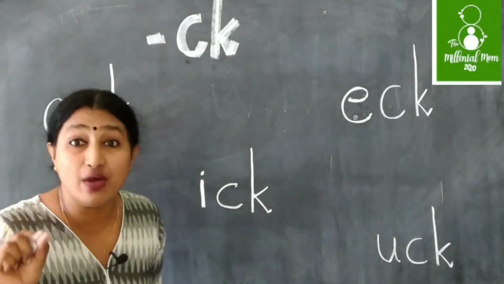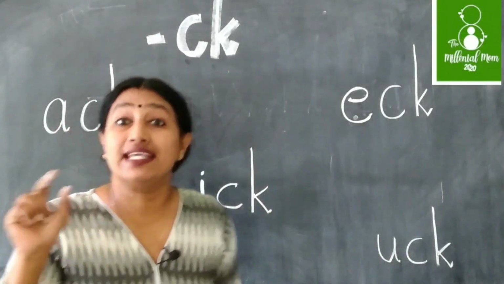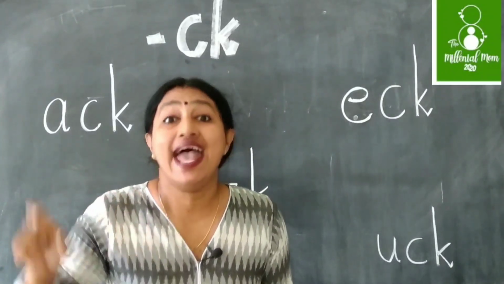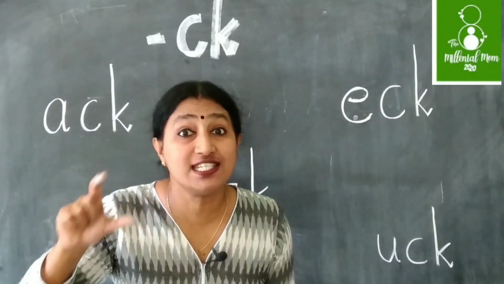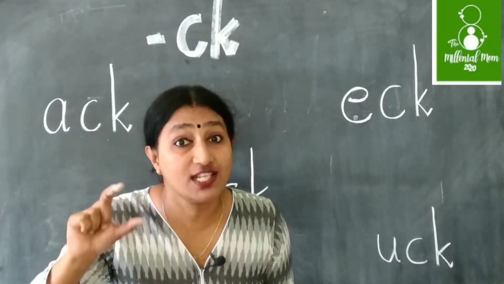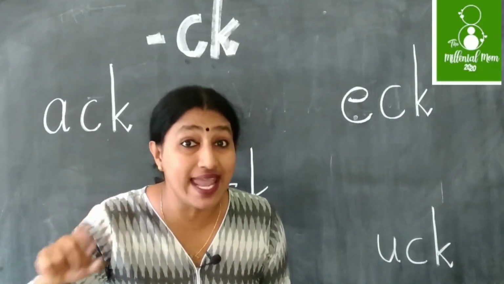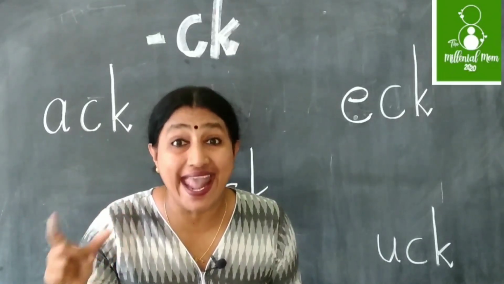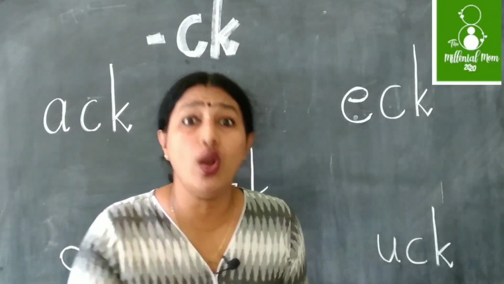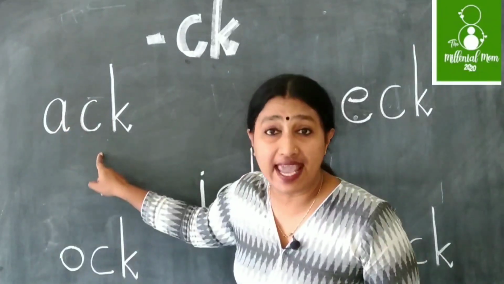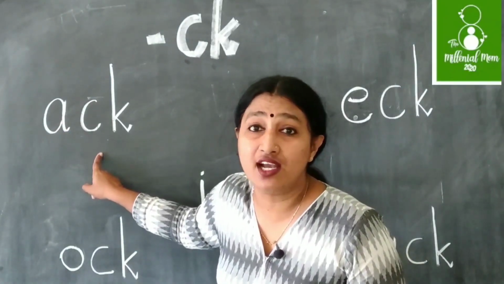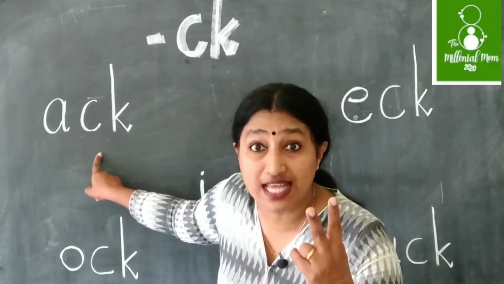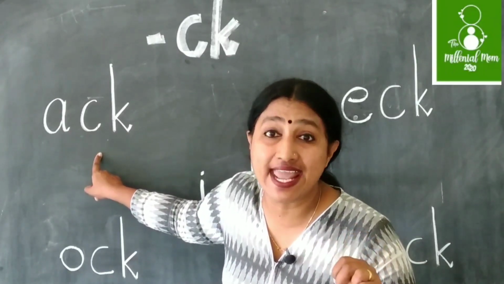Now here we have a problem. A can take two different sounds. A has the sound of the short A, the vowel, which says ack, and the long A, which says A. So how do we know if A-C-K is ack or ache? Because A has got two sounds.